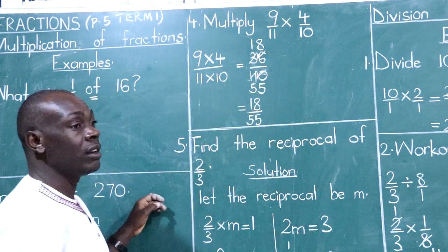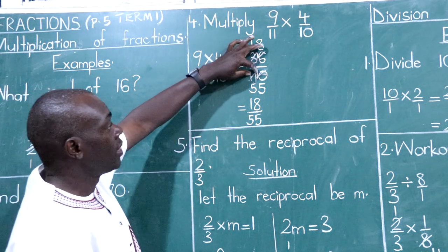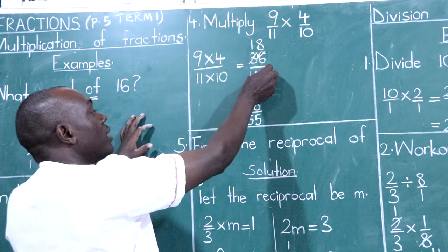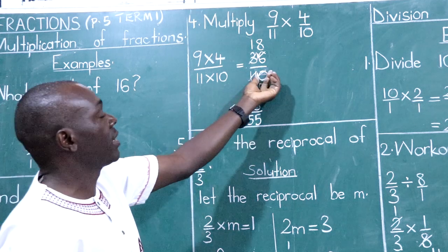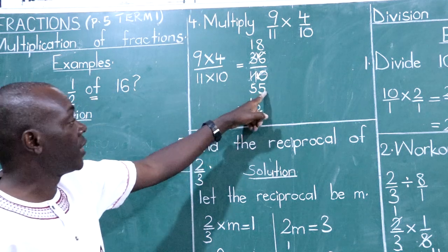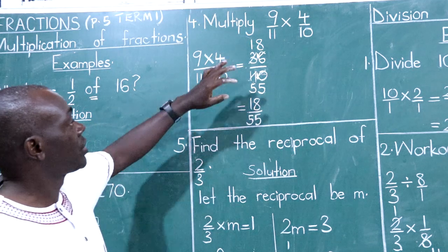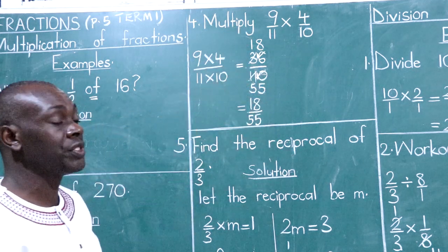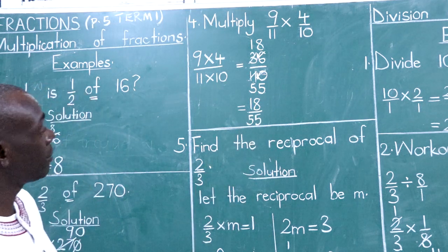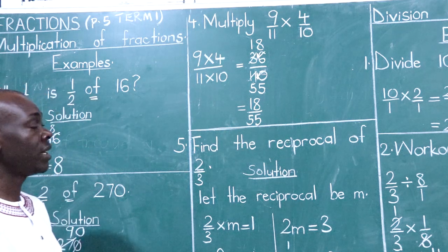Then we divide the denominator also by the same number 2. 11 divided by 2 gets 5, remainder 1. This goes on to 0 and makes another 10. 10 divided by 2 you still get 5. So 110 divided by 2 you get 55. So we remain with 18 out of 55, which is no longer reducible by any other number, and so it is the conclusive answer for that particular number.